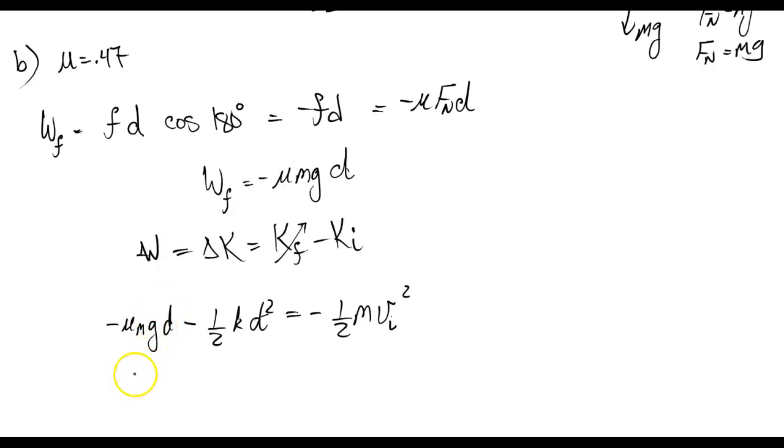So this means that 1/2 kd squared plus mu mgd minus 1/2 mv initial squared has to equal 0.